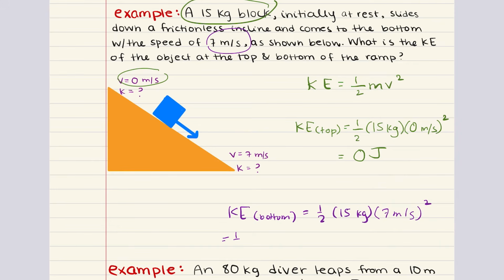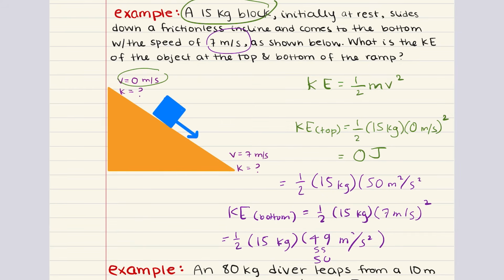So what we have here is 1/2 multiplied by 15 kilograms multiplied by 49 meters squared per second squared. Now I'm going to approximate this to 50. So what we have here is 1/2 multiplied by 15 kilograms multiplied by approximately 50 meters squared per second squared.